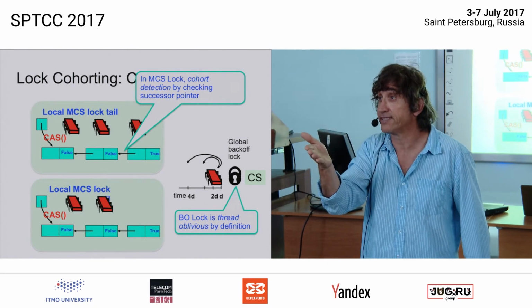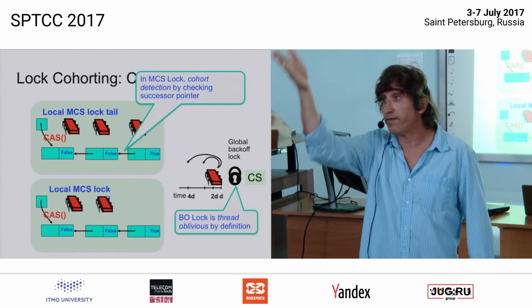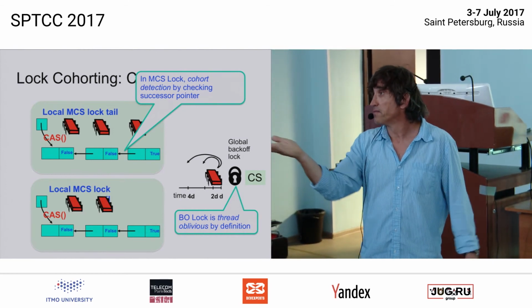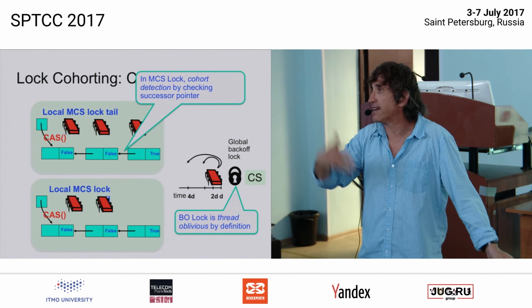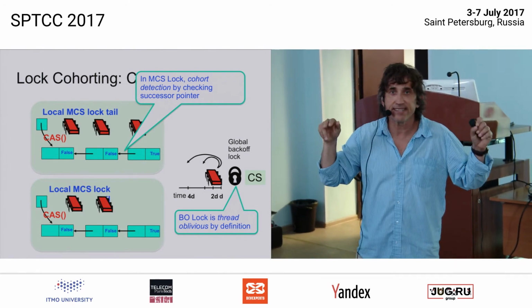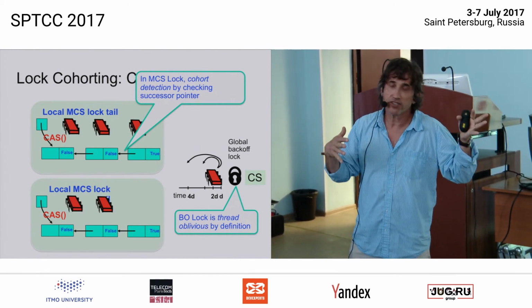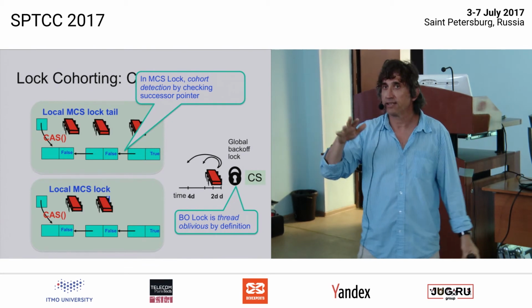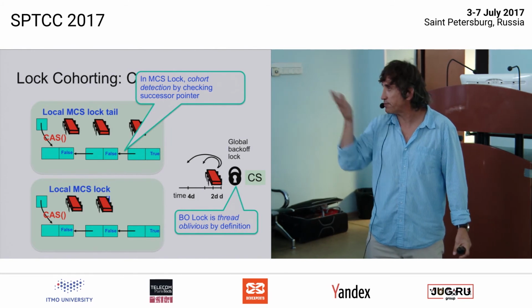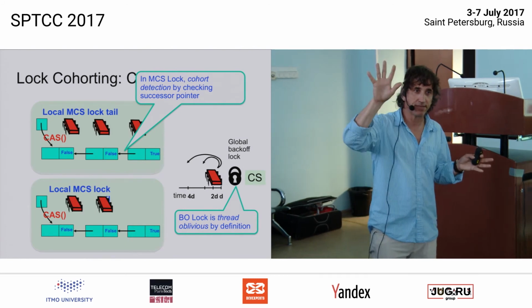But there could be threads there and I just don't see them, in which case I'll release the global lock. So maybe if I don't look at the tail in the MCS lock, there might be a successor, but I still would release the global lock. So nothing bad is going to happen. So in a sense, this idea of cohort detection is just a property that I have to have in order to guarantee more progress. But it's okay to miss here. Everybody good on this? Do you understand what I'm saying?